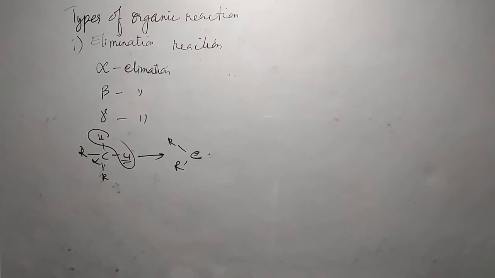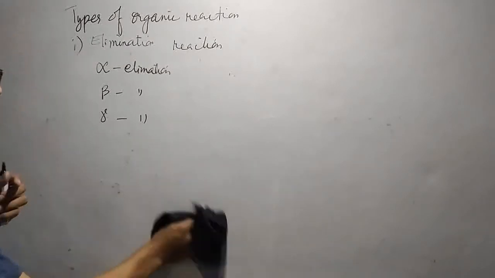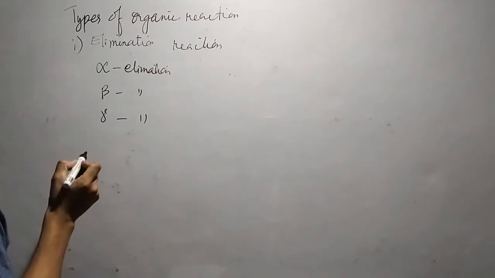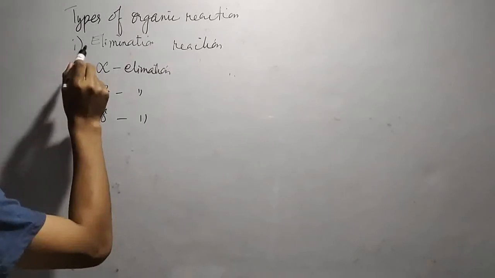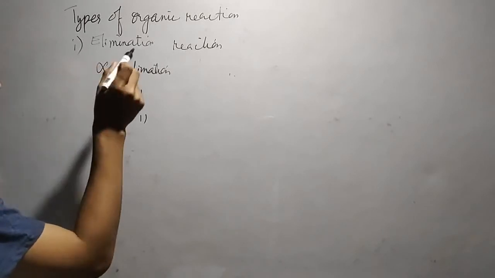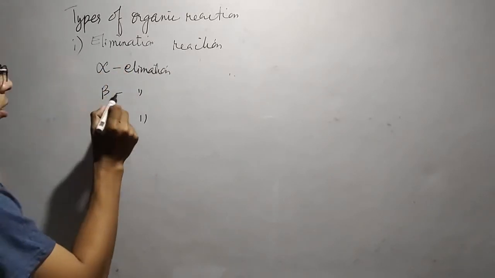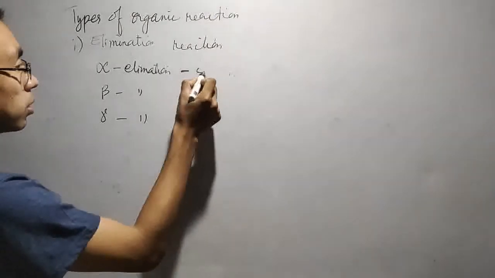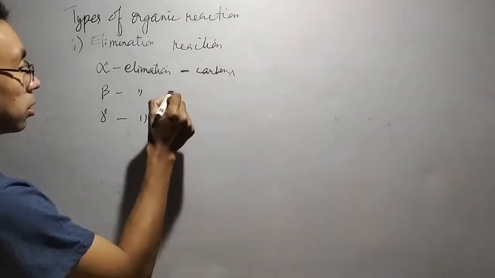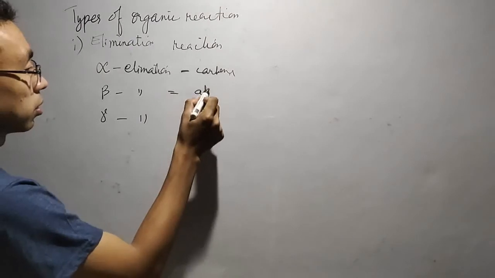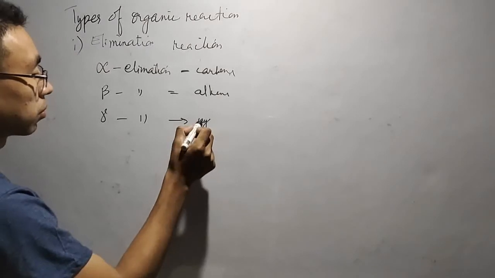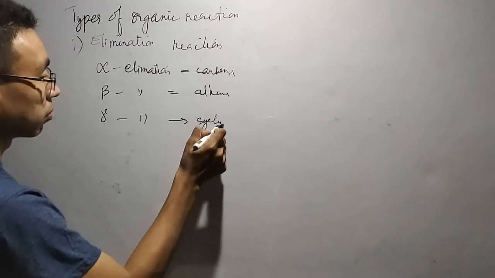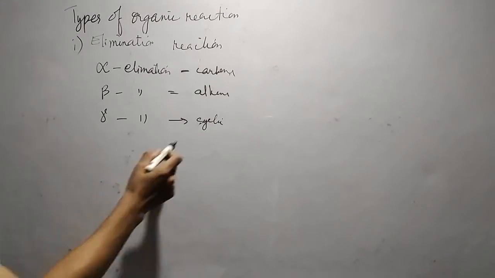Now next one is beta elimination. And remember one thing, that in this elimination reaction, this one will give carbene, this one will give alkene group generally, okay, and this one will give a cyclic structure.